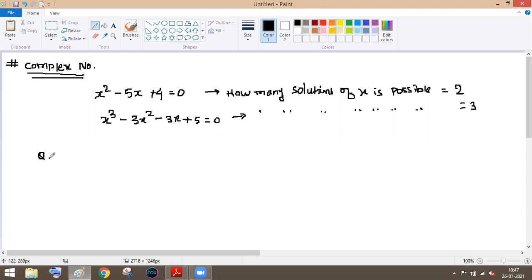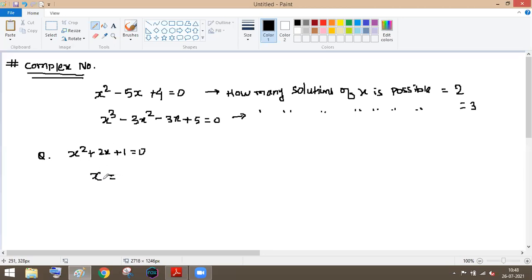But suppose if I have a quadratic like x square plus 2x plus 1 equal to 0. And we know that a quadratic has 2 solutions. But if you look at this quadratic, and if you want to try to solve for x, let's check what you will get.